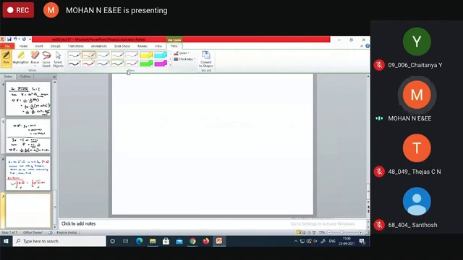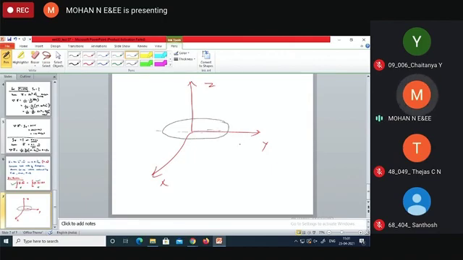So this is x, y and z. I have a cylinder sitting on the xy plane, that is the z is equal to 0 plane.